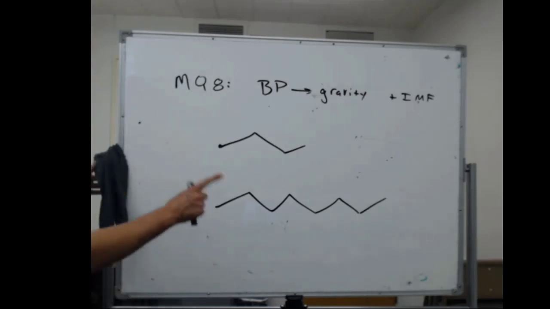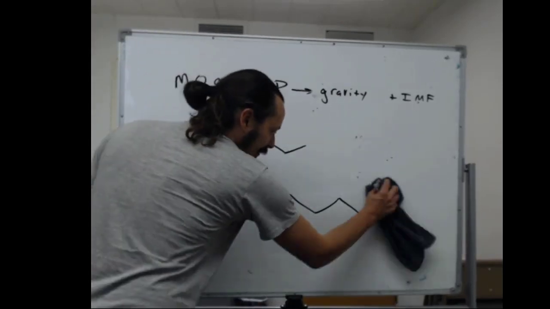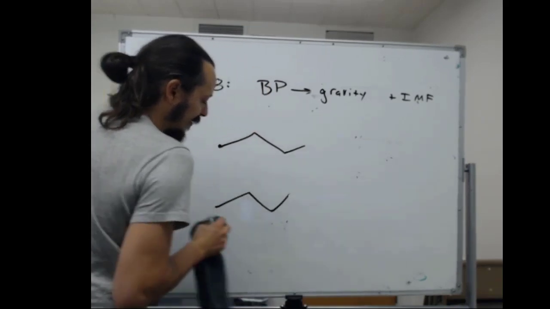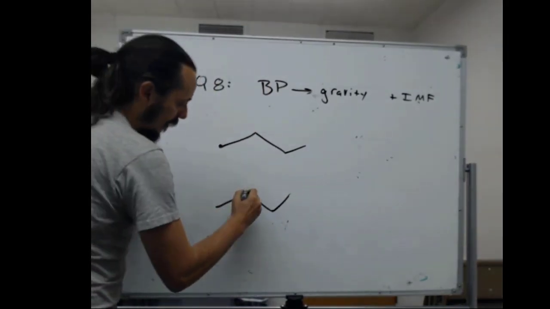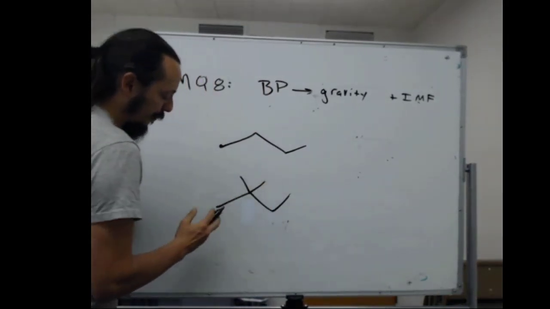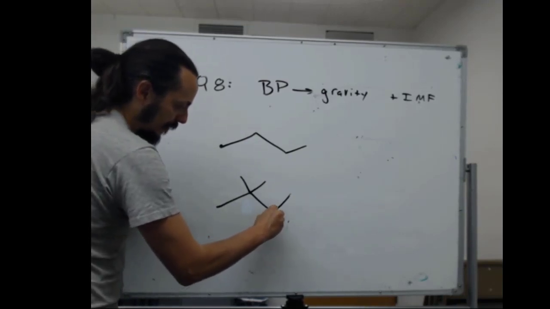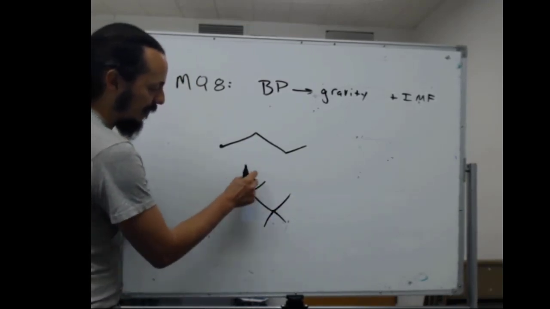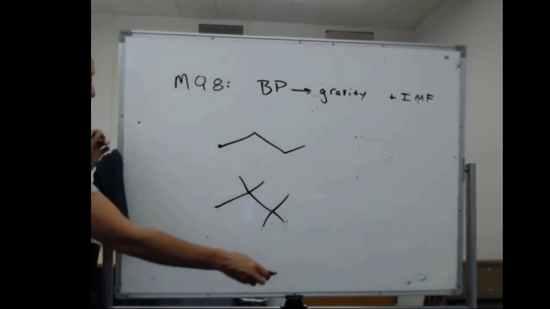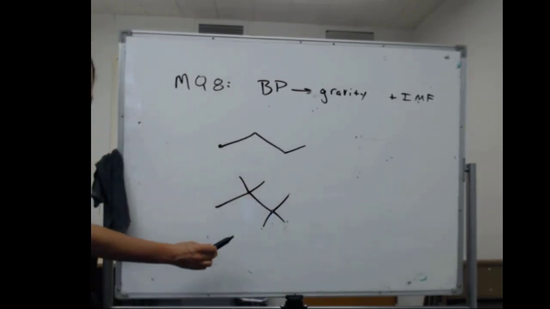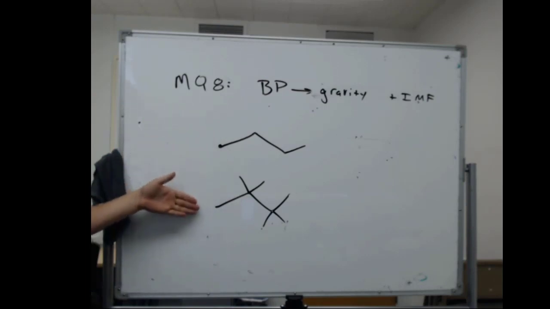But we can have something with more mass and kind of less surface area if we've got a bunch of branching. 1, 2, 3, 4, 5, 6, 7, 8. So this has 8 carbons. It's a lot more massive. But in terms of surface area, it's now about the same size.